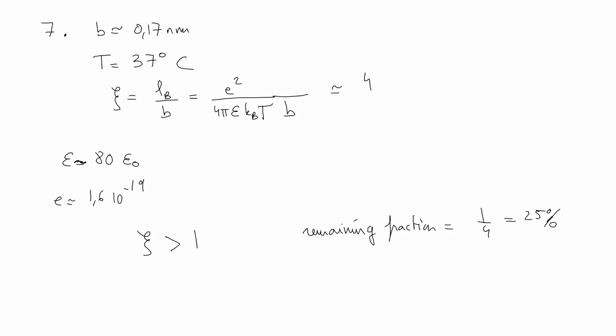If you have a realistic cell with plenty of polymeric objects that are all charged, you probably have this condensation mechanism, and then at the end, the remaining fraction of ions in the solution is modified. And so it's important because calcium ions, for instance, allow the cell to communicate with the outside. You will have some osmotic pressure, for instance, that will help you transition from inside to outside or vice versa.